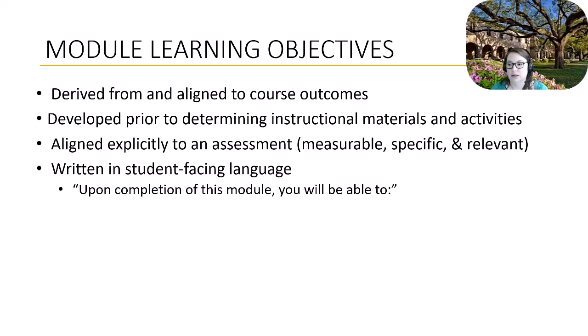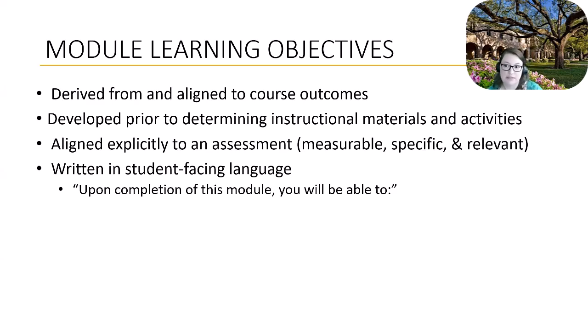That makes it easier for students to grasp the meaning and the use. We want to avoid the use of discipline jargon and unexplained terminology. It's really to convey that this is about what the student will be able to do and not what the instructor will teach. So it's all about giving that transparency of, by the end of this module, I'm expecting you to be able to do X, Y, and Z.